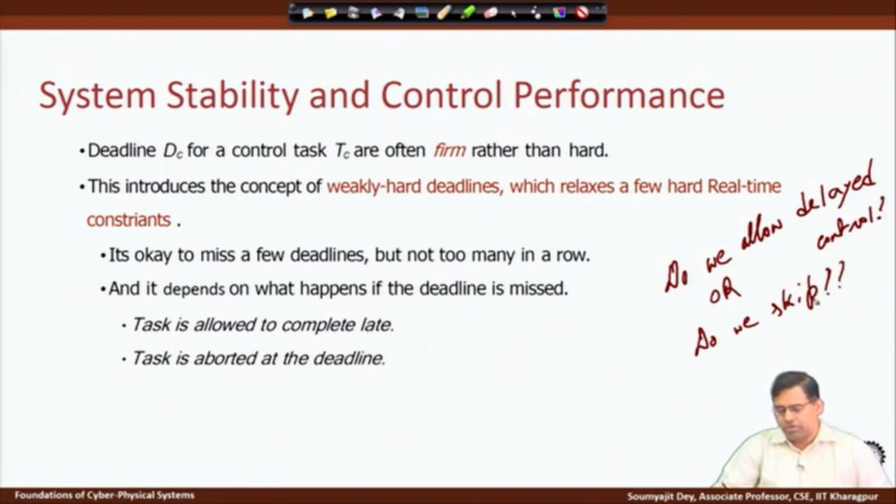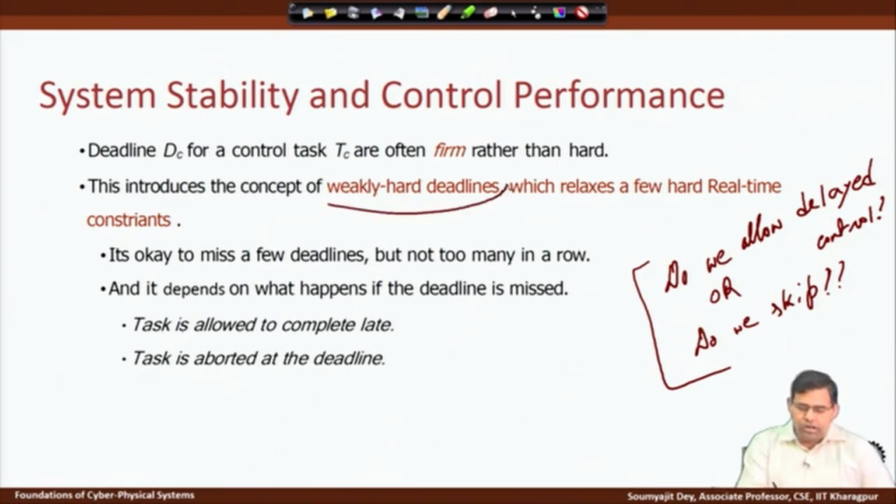Based on how we implement the control, we have different kinds of models of embedded control tasks. In case we skip the execution, then this firm deadline is anyway not happening, and you are not updating the control for certain control task instances. This gives rise to a concept called weakly hard deadline.